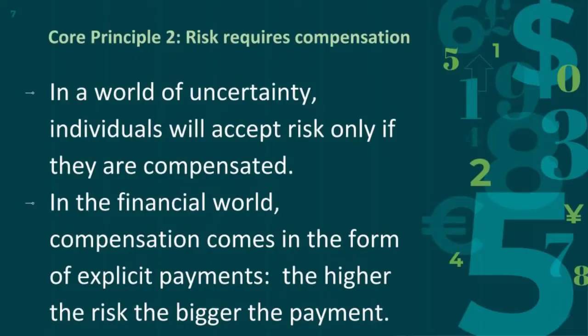And principle number 2 is that risk requires compensation, right? So you have those very safe investments where, let's say, you put your money in a savings account and you receive your interest. You don't need to worry about anything.